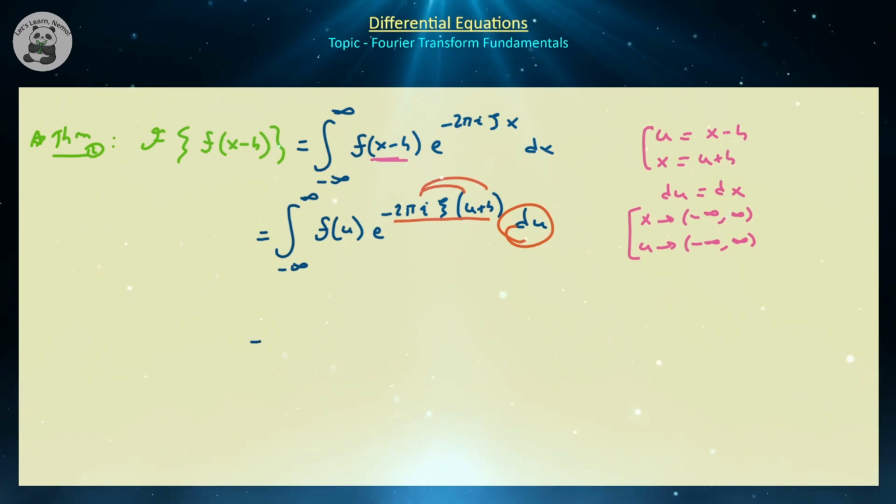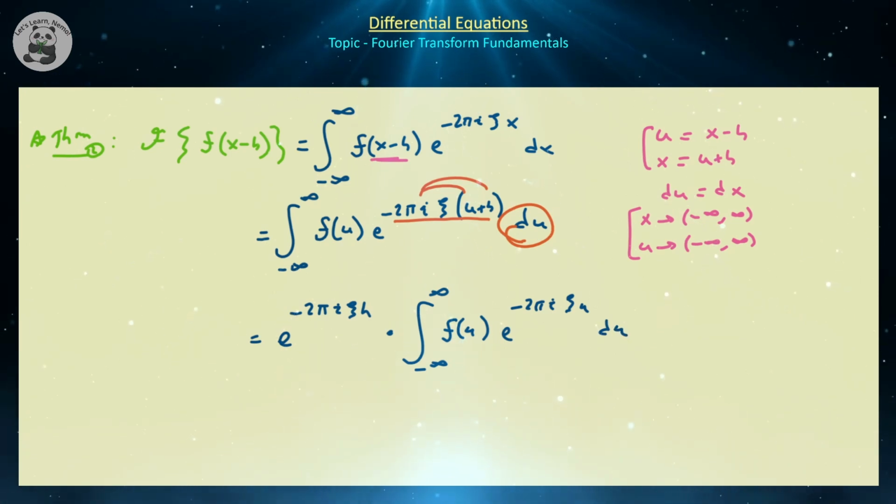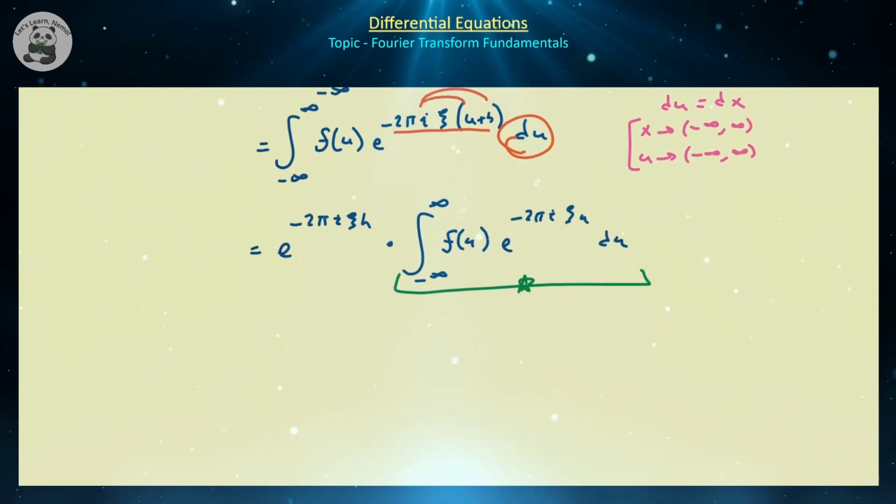So once I do that, I'm going to have e to the minus 2 pi i psi h times the integral from minus infinity to infinity of f of u e to the minus 2 pi i psi u du. Keep in mind u is just a dummy variable for this integral, so technically I could write it as x if I wanted to. So this expression here is precisely the Fourier transform of f.